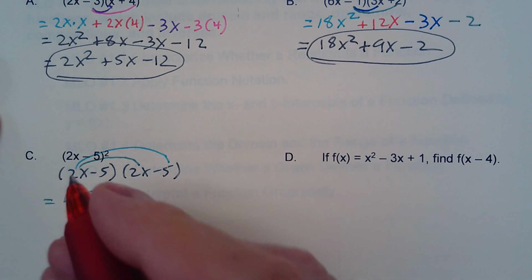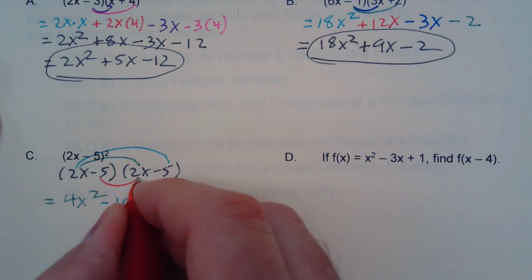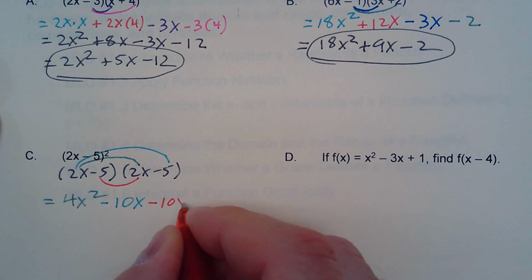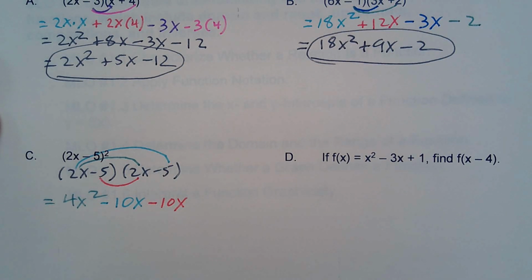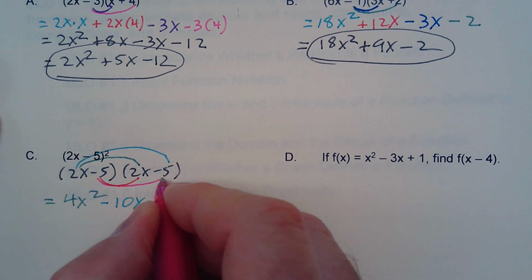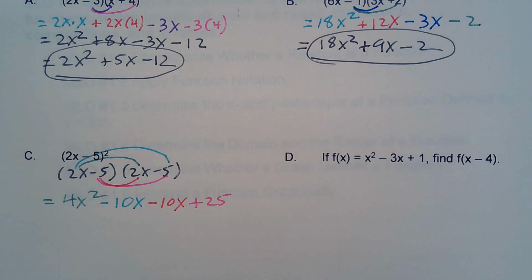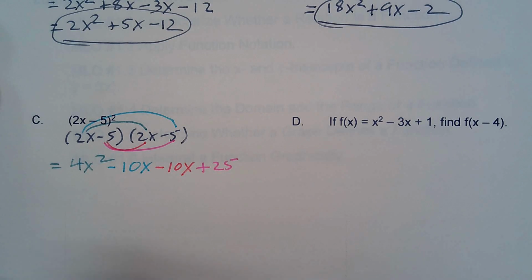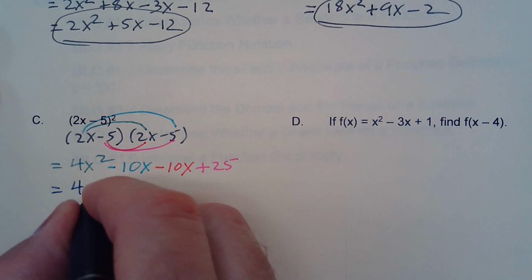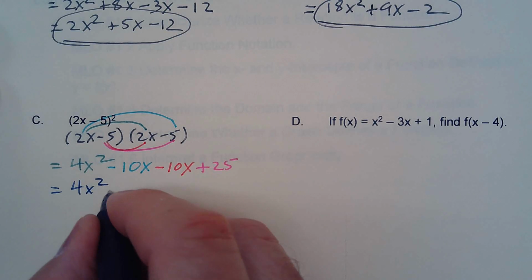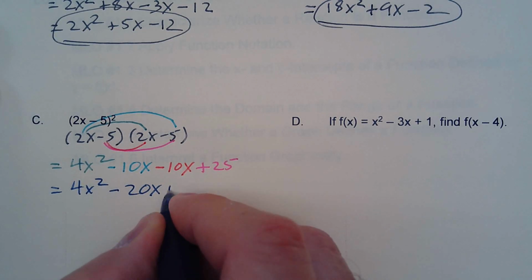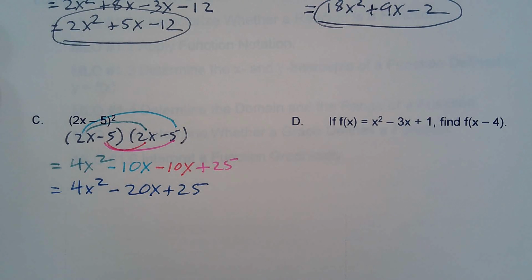Inner terms, negative 5 times 2x is a negative 10x. Last terms, negative 5 times negative 5 is plus 25. Those two middle terms are the same, so I'm going to add them together. So negative 10x and a negative 10x gives me a negative 20x for my middle term. So I'm going to get 4x squared minus 20x plus 25.